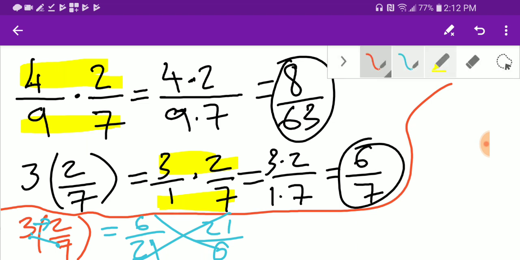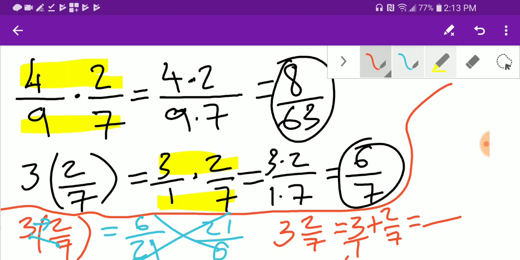The reason this mistake is made is, if you remember in elementary school, you used to do mixed numbers. So for example, if you had a mixed number that's 3 and 2/7, this actually means 3 plus 2 over 7, or 3 over 1 plus 2 over 7, in which case 7 times 1 is 7, 7 times 3 is 21, 1 times 2 is 2, so you would get 23/7.